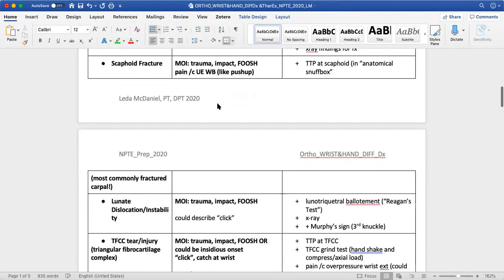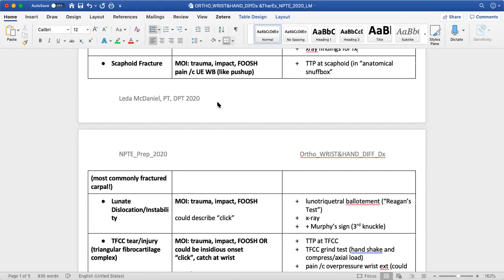The other fracture that we commonly see, and in fact the most common fractured carpal bone, so wrist bone, carpal just referring to wrist, is a scaphoid fracture. If you think about where the scaphoid lies, it's going to be in the proximal row of carpals, right next to the thumb or on the radial side of the wrist, in that anatomical snuff box area, where you can palpate it.